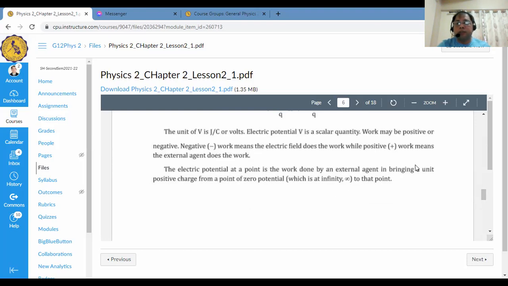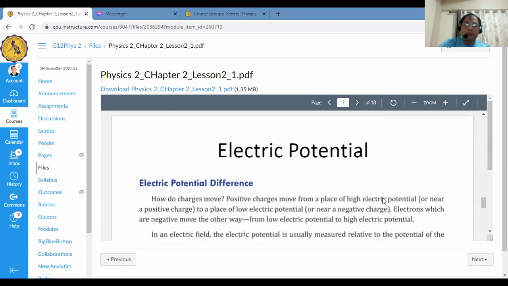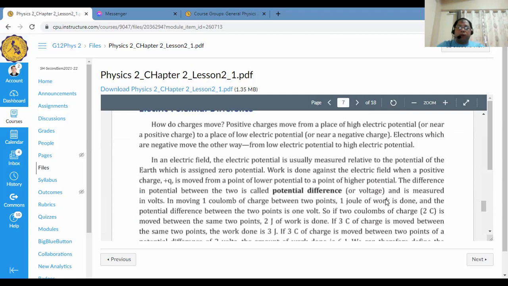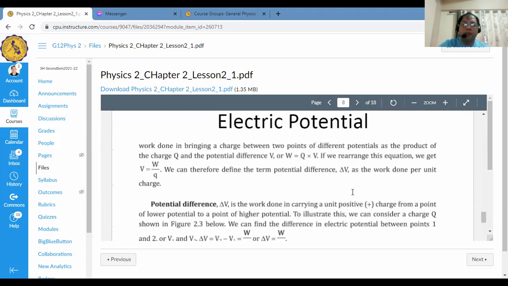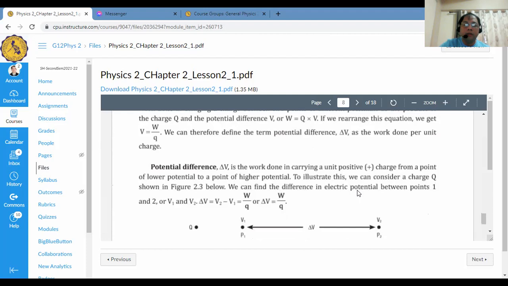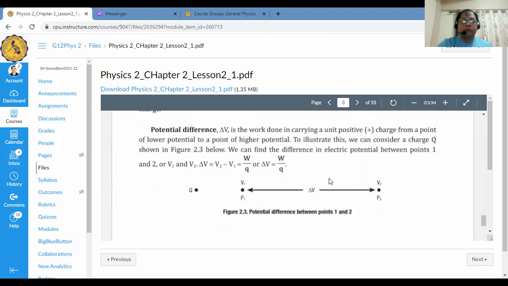So there's a difference there in the electric potential of the 2 points, A and B. Now, when you have varying potentials, you could have a potential difference between two given points. So again, now we have this potential difference, work over Q, which is your two differing electric potential points.